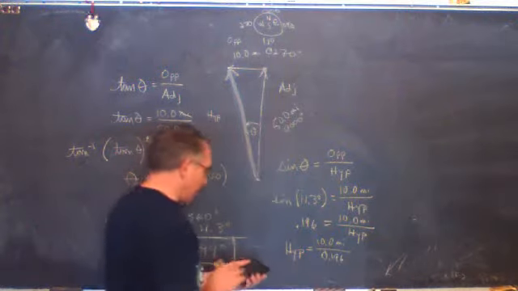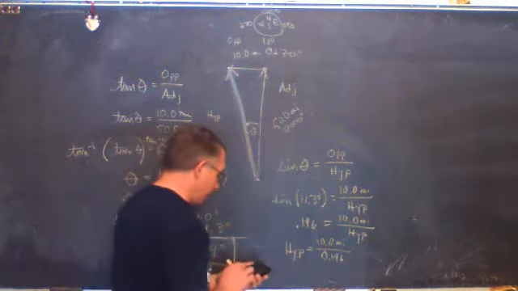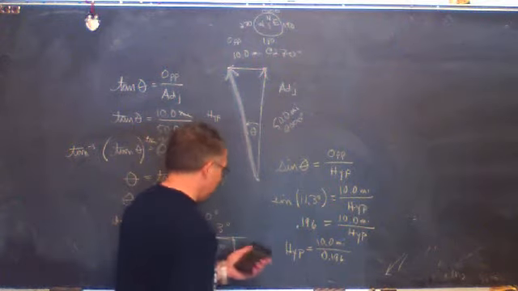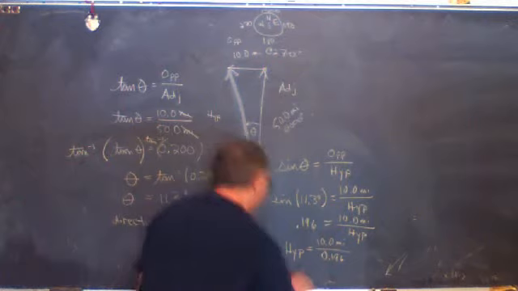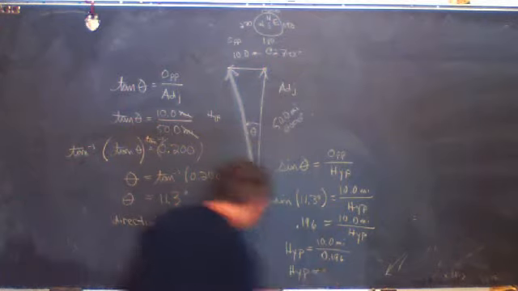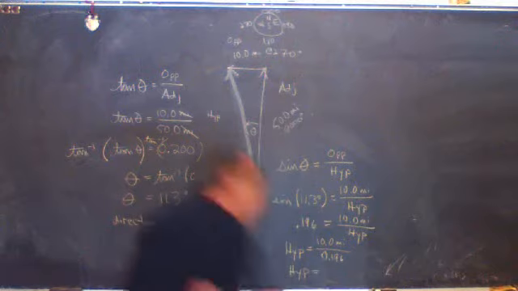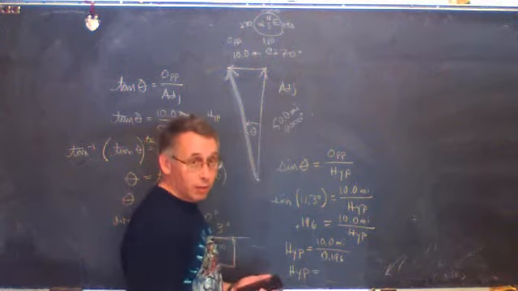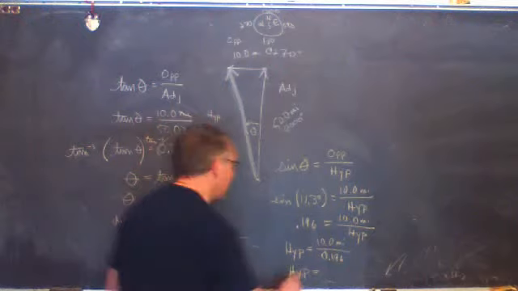So I'll just divide that out, and that gives me a hypotenuse of 50.99, but I have three significant figures, and so that has to round to 60.0.